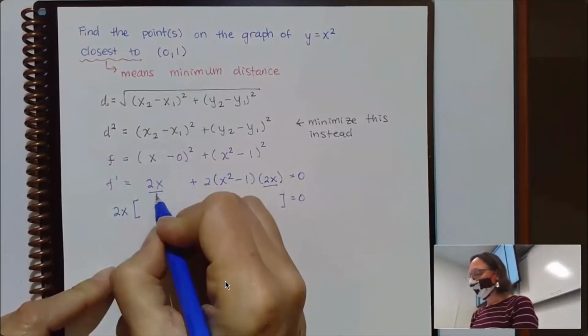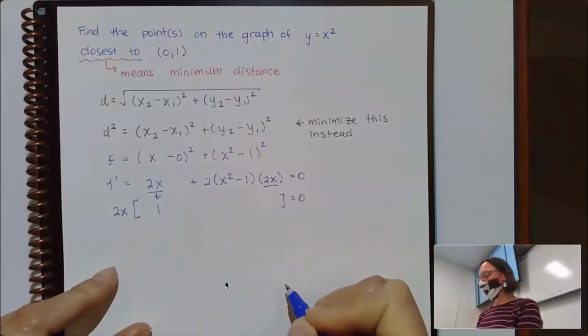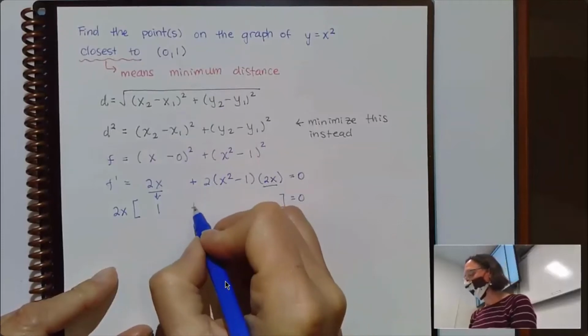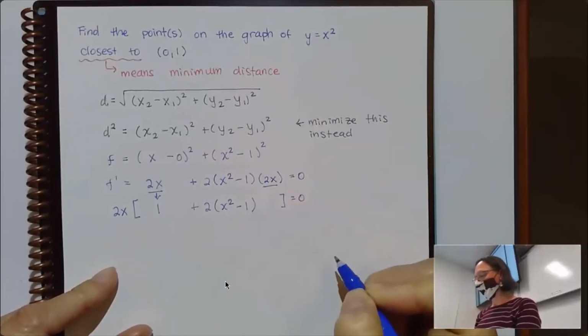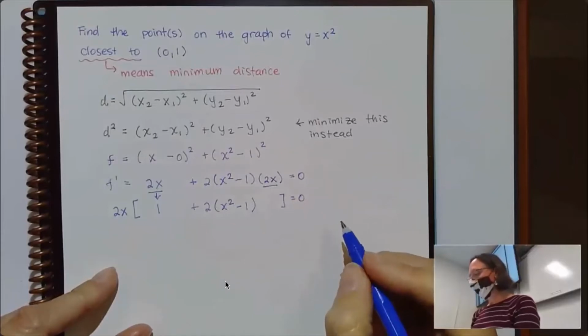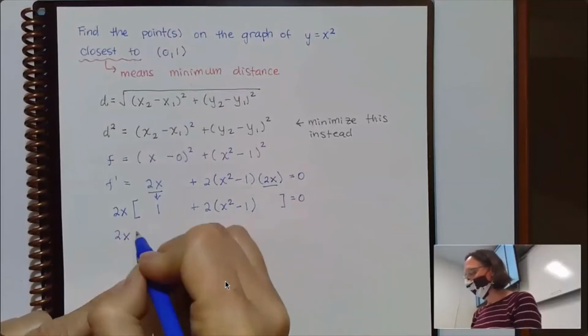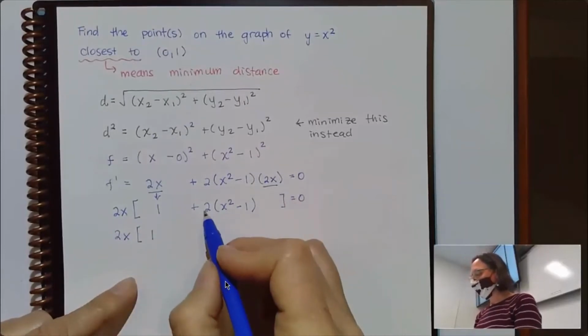From this first piece, if I factor out a 2x, I'm just left with a 1. And from this back part, I would be left with a 2 and then the x squared minus 1. So that's 2x. And then over here, I'm going to distribute the 2 in.